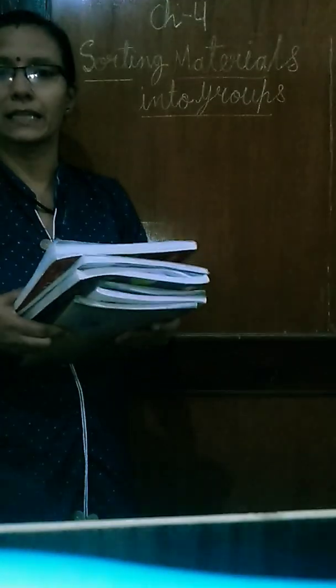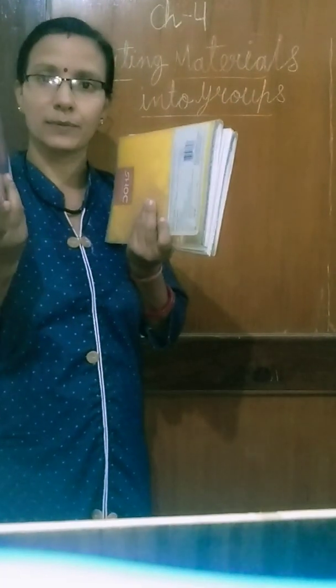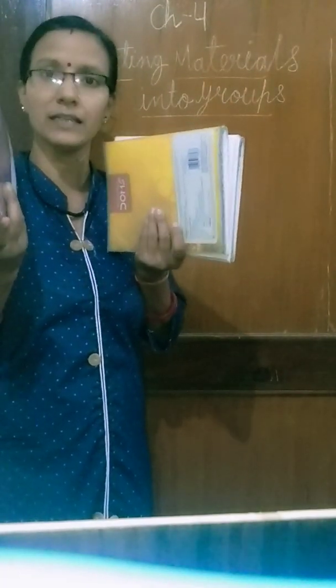So what we are doing in the library is, here I am going to show you that I have separated the books of science, on one side you can see the science books, and on the other hand, these are the notebooks. So I have separated the two groups, classified as notebooks and books.